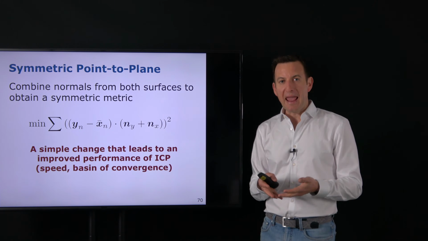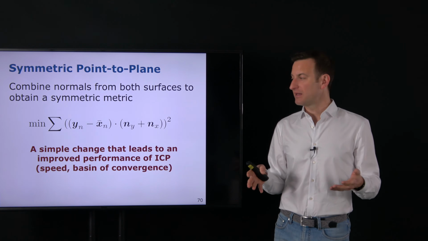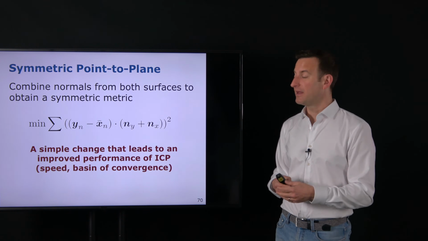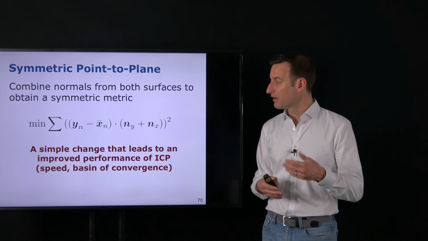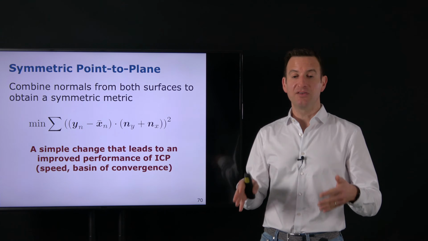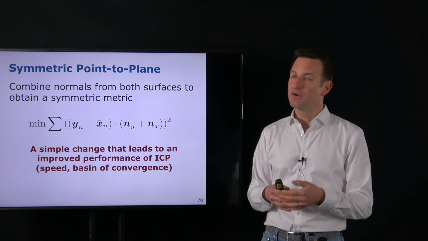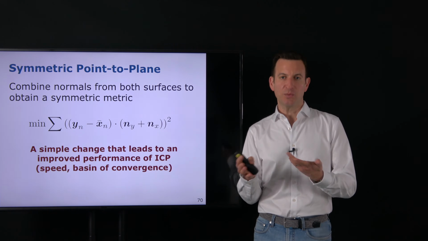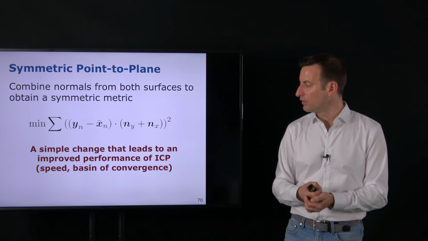So the more error you have in your initial alignment, you still get good data associations, and as a result come up with a better solution, aligning your point clouds correctly despite a larger initial error.